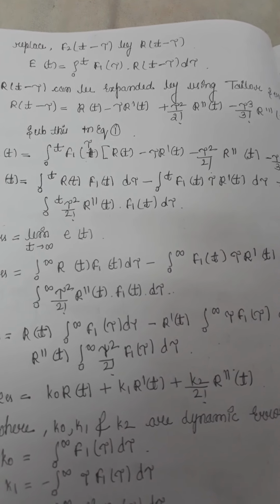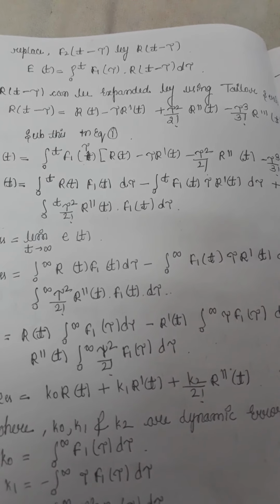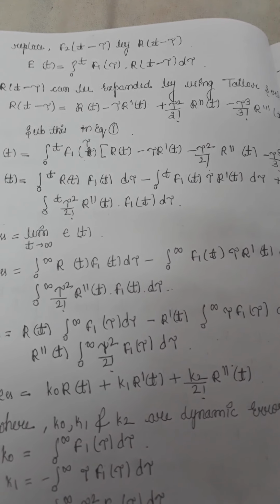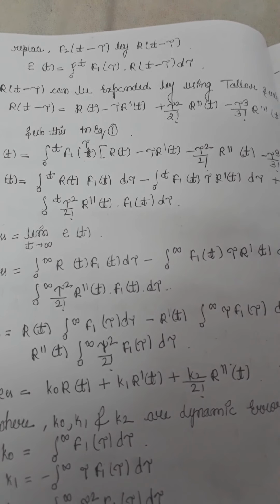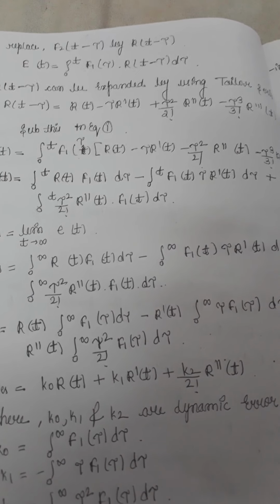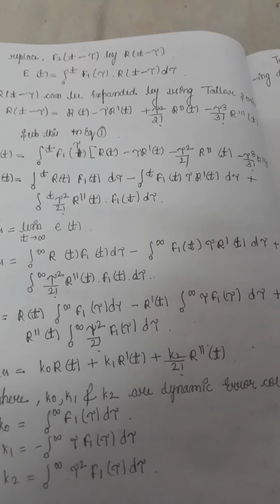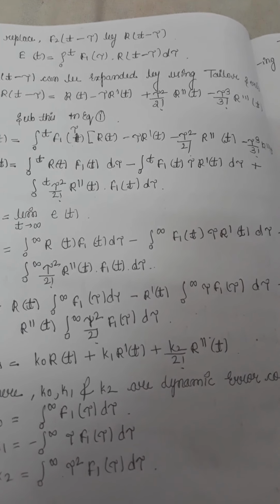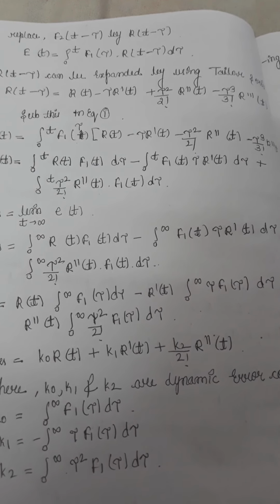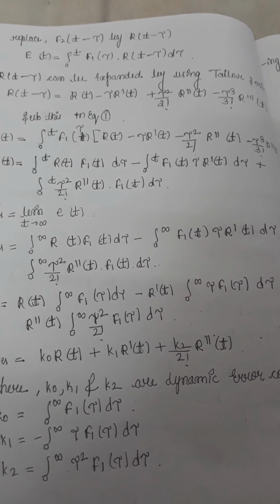So the Taylor series can be written as r(t minus tau) = r(t) minus tau r dash(t) plus tau square by 2 factorial r double dash(t) minus tau cube divided by 3 factorial r triple dash(t), and so on.